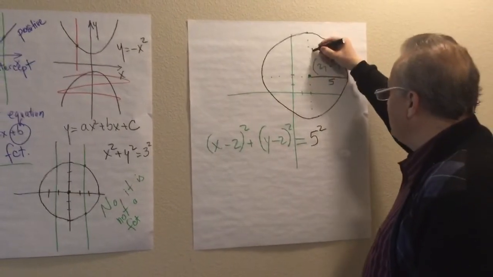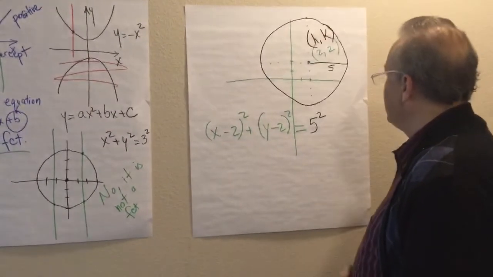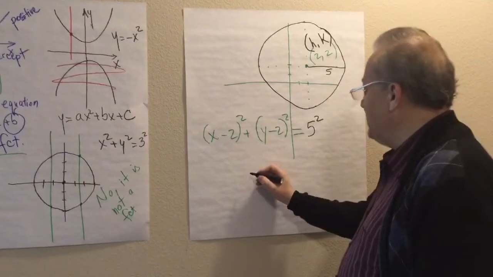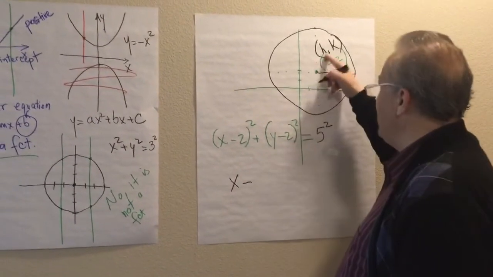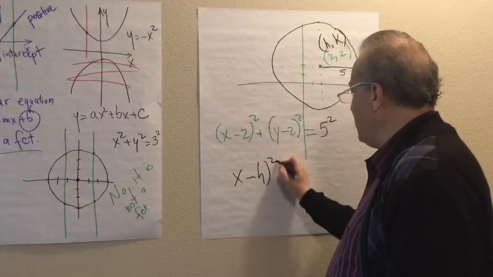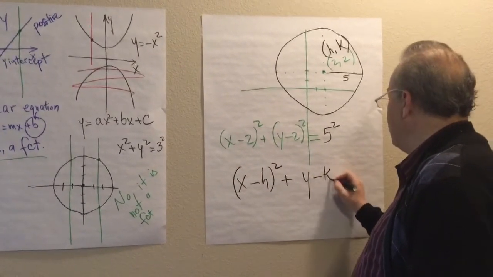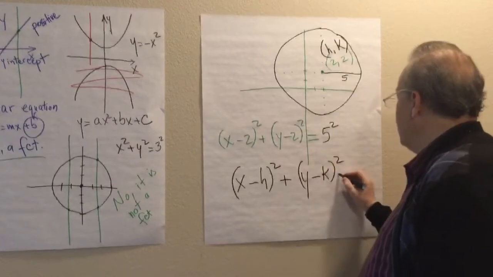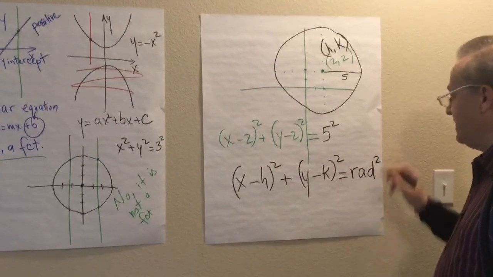I'm going to call this H, and I'm going to call this K. And I'm going to say my general formula is x minus h to the second plus y minus k to the second. It's equal to the radius to the second.